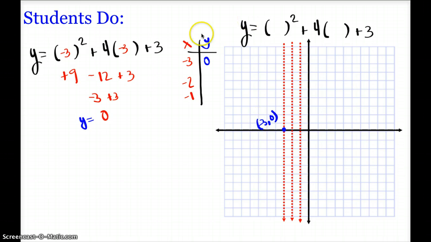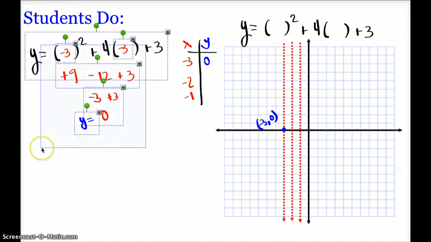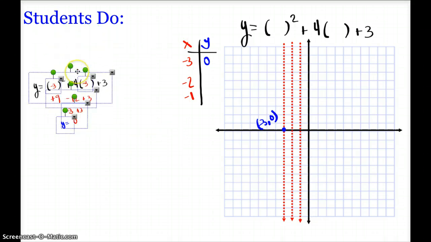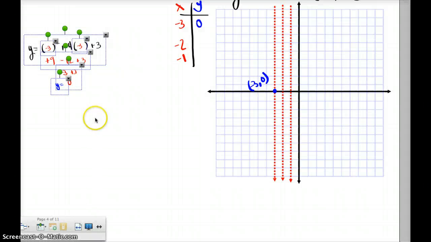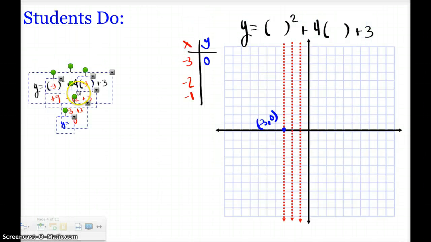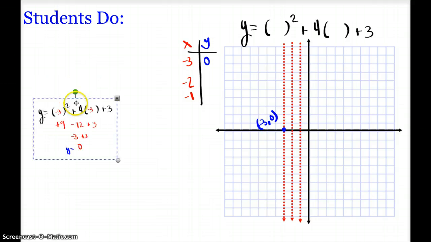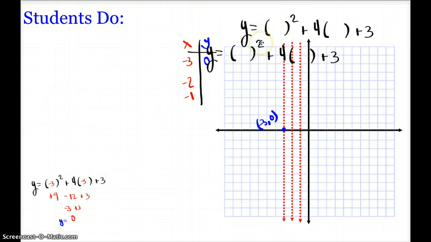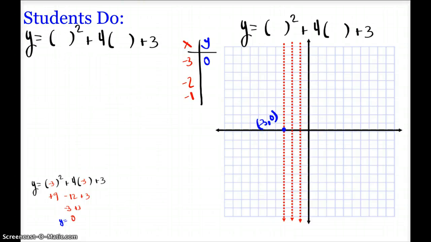Now, let's do this again with the other number. Let's group this and shrink this down. That's the first number. We'll do it again with negative 2.